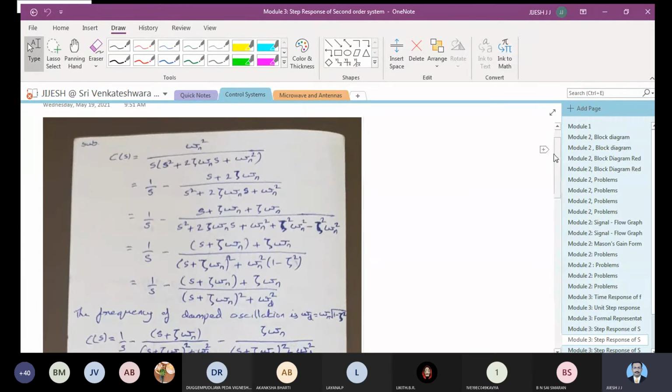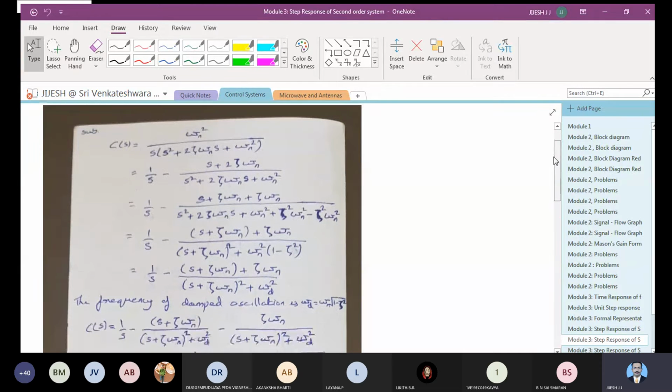This equation can be rewritten in this form: 1 by S minus S plus 2 zeta omega n divided by S square plus 2 zeta omega n s plus omega n square.